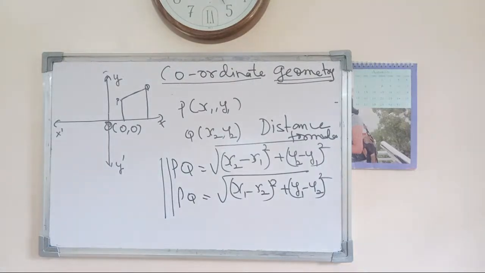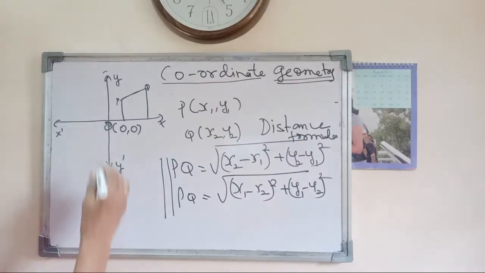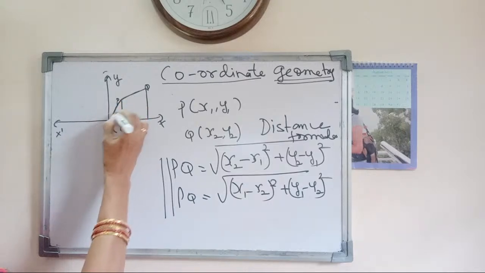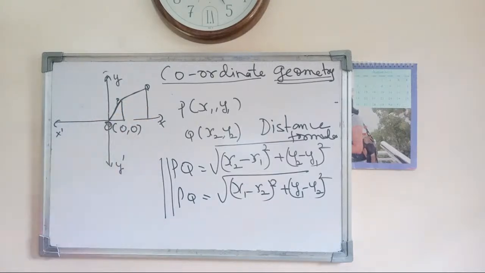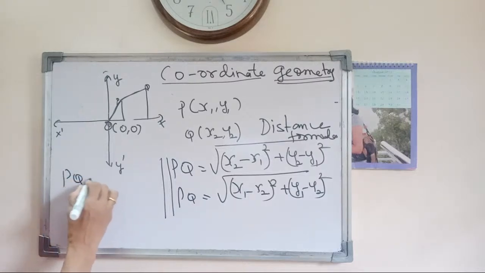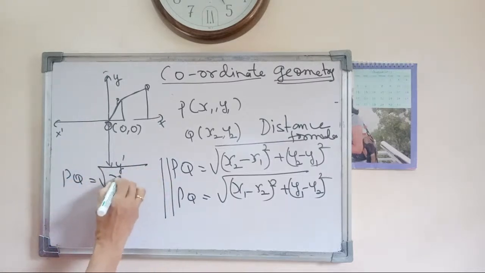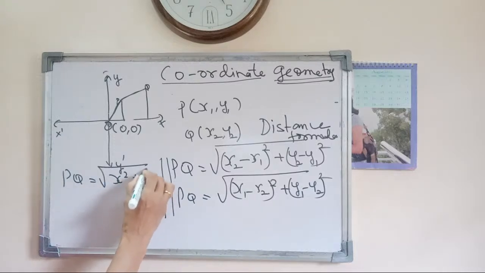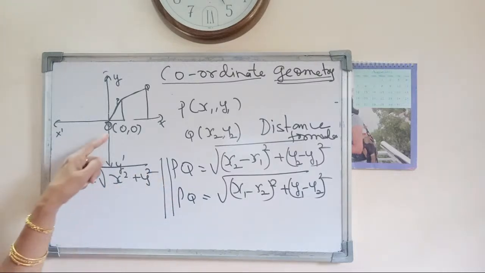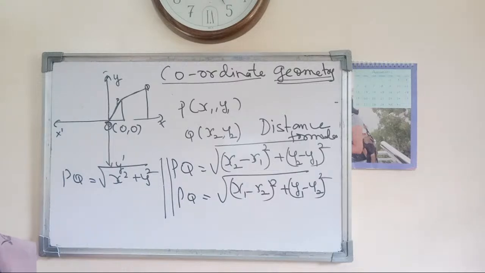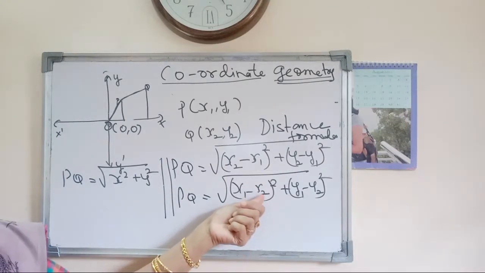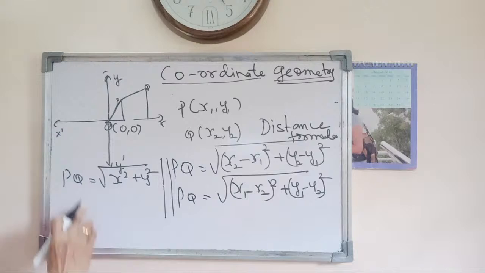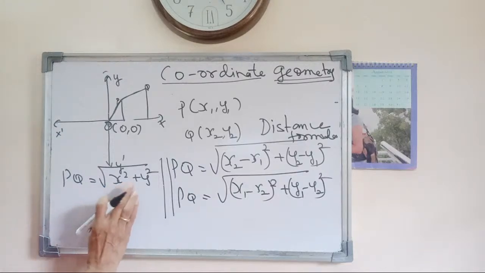Suppose one of the points is at the origin. To find the distance from P to Q, this PQ, we use the same distance formula. PQ equals root of x square plus y square. Because we have x1, y1 and 0, 0, the improved version of this distance formula is root of x square plus y square.